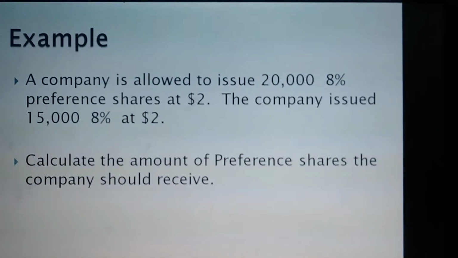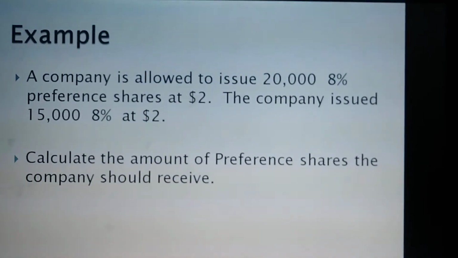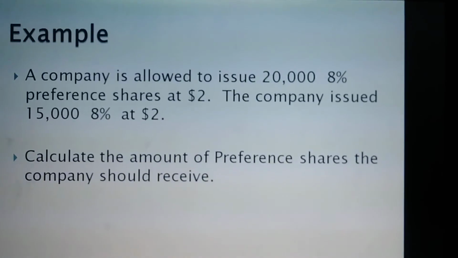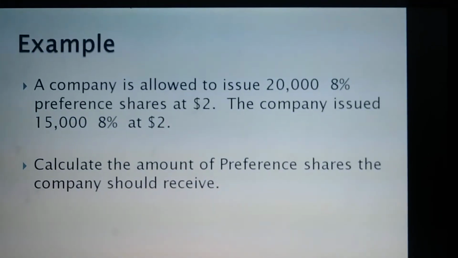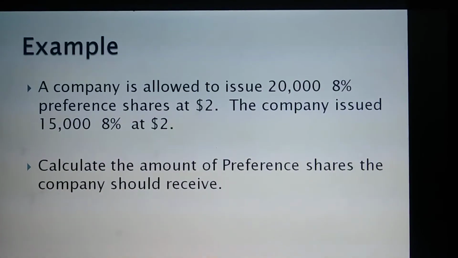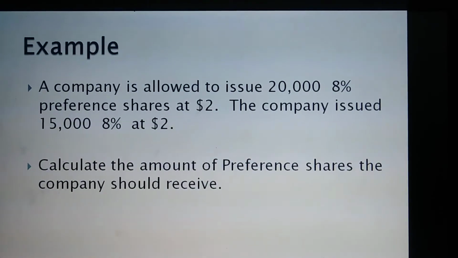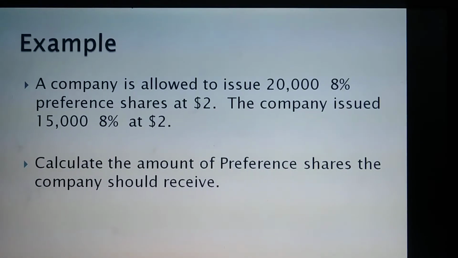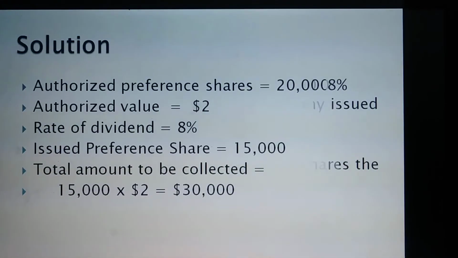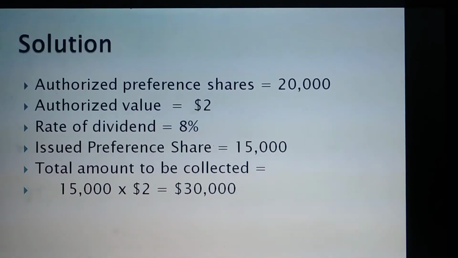Now, an example. So that same company previously, they're allowed to issue 20,000 8% preference shares at $2. However, the company issued only 15,000. So you are now required to calculate how much preference shares the company should receive.